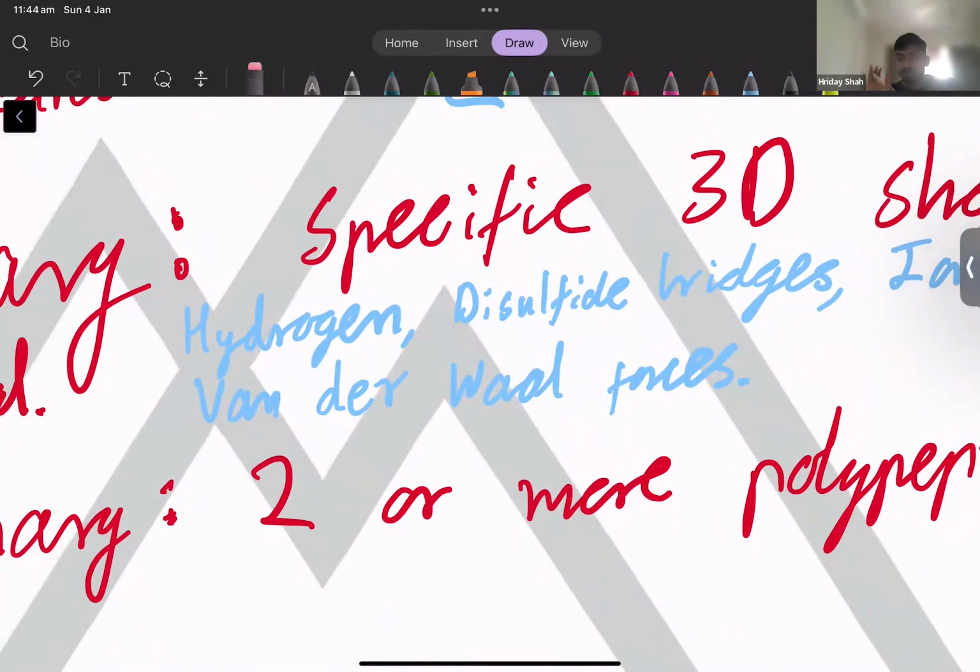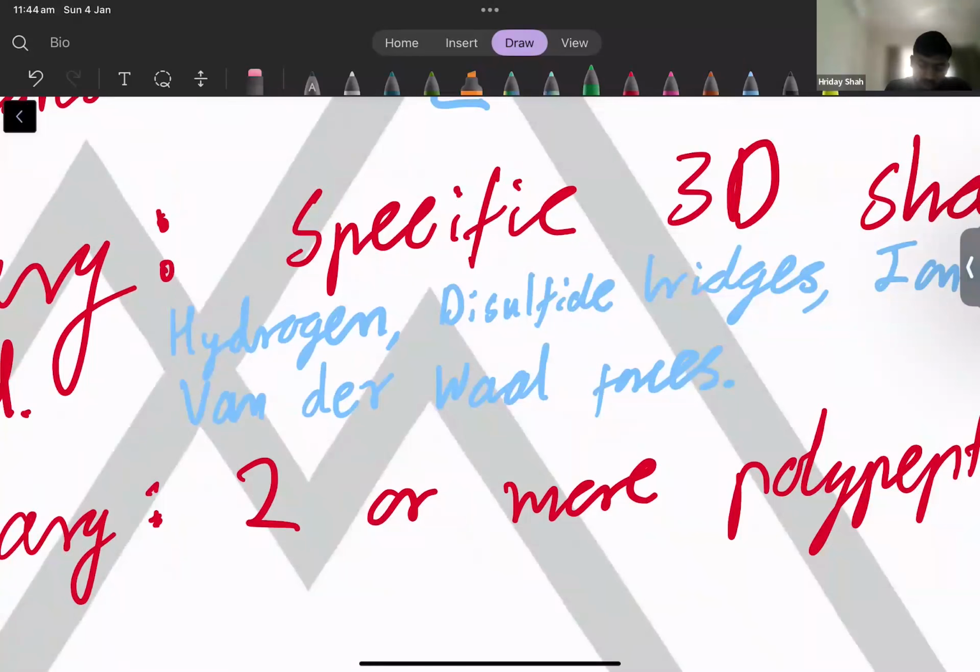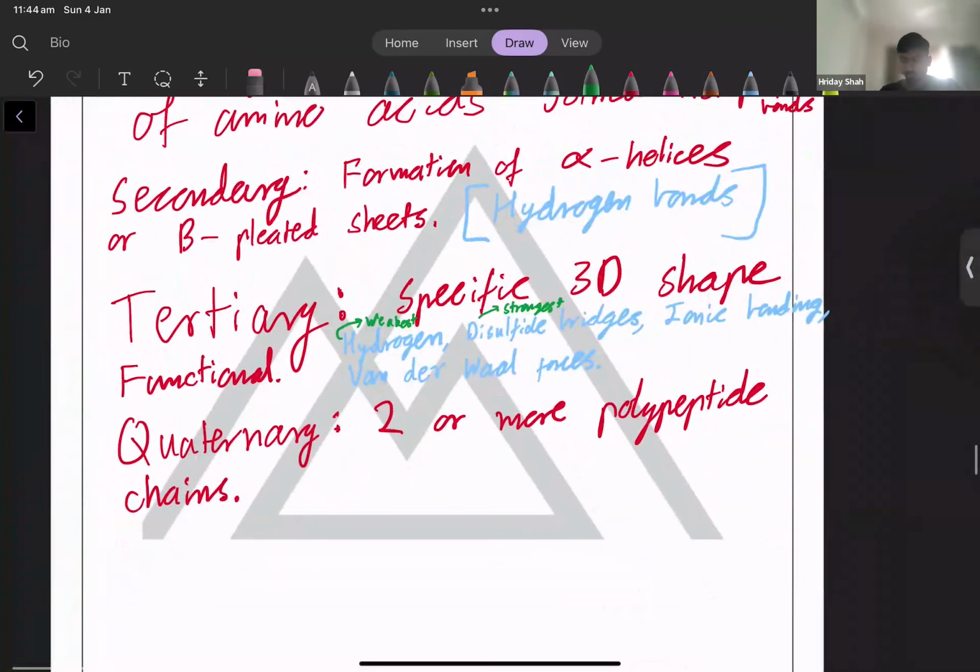The reason I specifically like to go with hydrogen and disulfide, though, is because hydrogen represents the weakest type of bond, and disulfide bridges represent the strongest type of bond. So they represent both ends of the spectrum. So if you're ever asked how would you want to make a really strong protein, how can you make a protein that doesn't lose its shape?